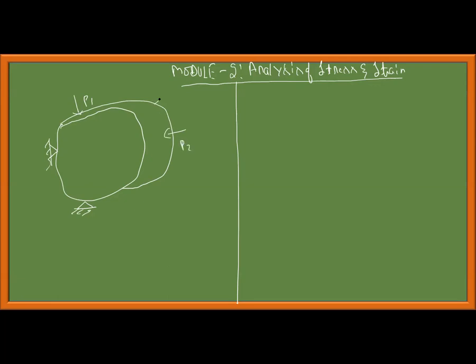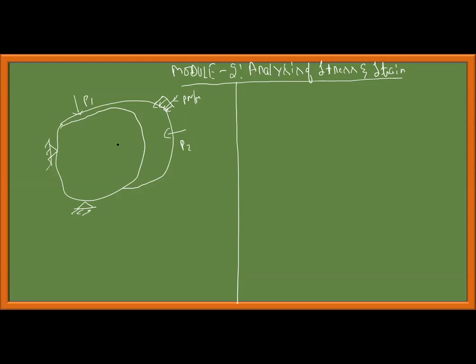There can be a UDL like this. Let's say P, this is in this direction, P Newton per meter. There can be body forces and other things. We will not consider all this. We'll say that the body is subjected to forces.